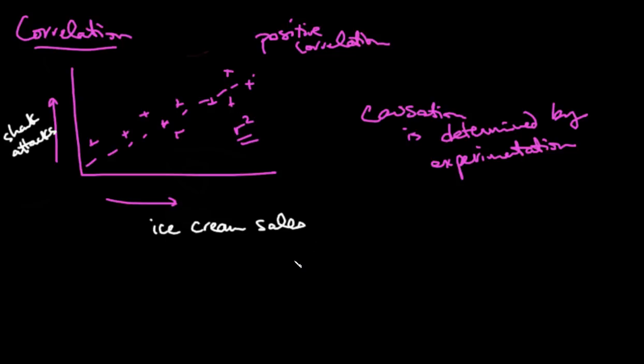But the problem here is that they may not be related and they may not be causing one another. It's probably the case, right? Because someone buys ice cream, that they're more likely to get attacked by a shark doesn't make sense. Or being attacked by a shark causes you to go and buy more ice cream doesn't make sense, right?